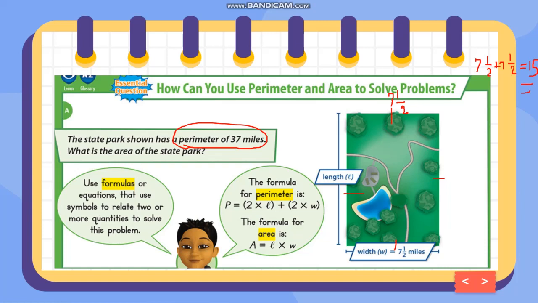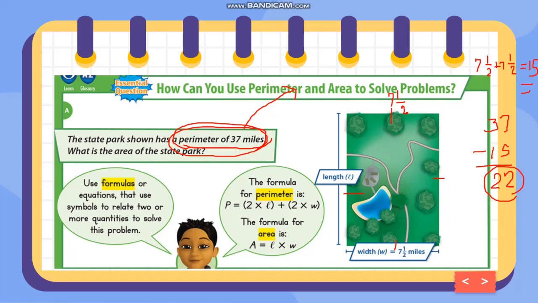Now, the total perimeter is 37, so you still have 2 missing sides. We subtract 15 from 37. 37 minus 15 is 22, and this 22 is the total measurement of these 2 sides.